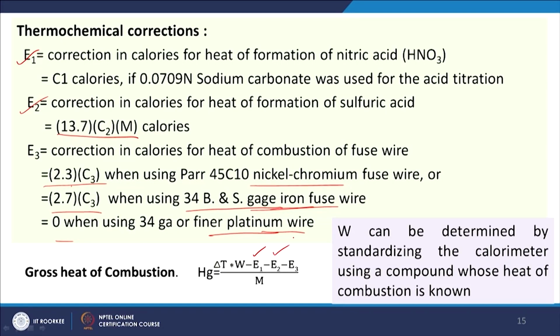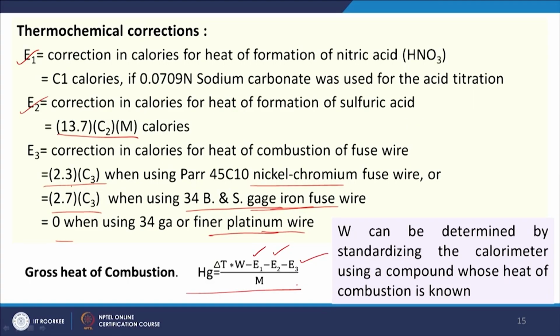Gross heating value into mass of the material, that will be the heat released, and that is equal to del T into W, that is water equivalent into the temperature difference, minus the amount of energy released due to the formation of nitric acid, that is E1, due to the formation of sulfuric acid E2, and due to the heat released by the combustion of the fused wire.